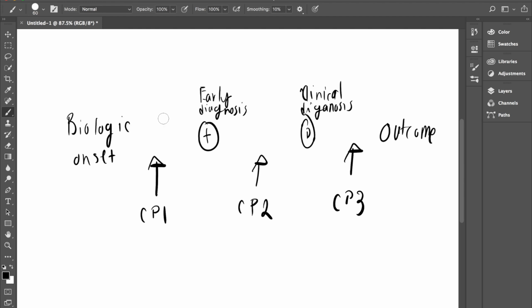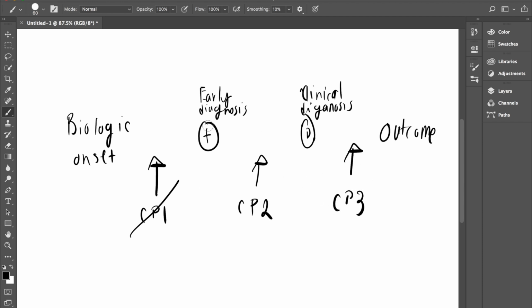Let's say that the person falls into this critical point of the disease. This is perhaps when the outcome occurs, or when something that helps us detect some sort of diagnosis occurs. Well, at this point it's useless because early diagnosis is not possible at this point either, and neither is usual clinical diagnosis. So critical point 1 is not going to help us get screened people a better outcome.